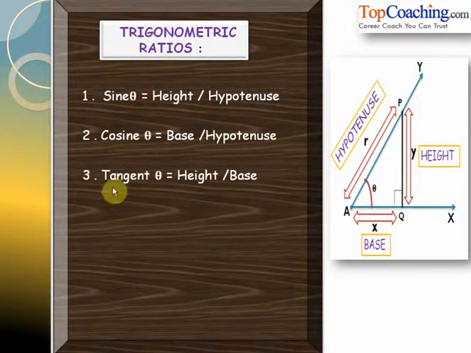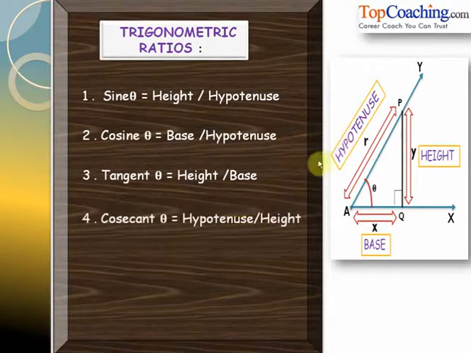The third is tangent of theta, which is equal to the height upon base. So height is Y units and base is X units. The fourth is cosecant of theta, which is equal to hypotenuse upon height, or AP divided by PQ.